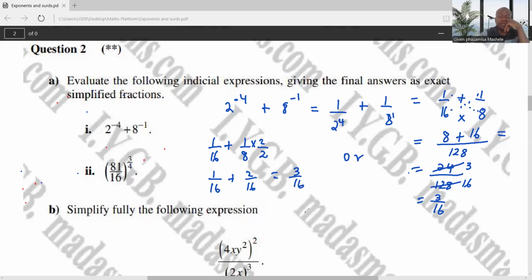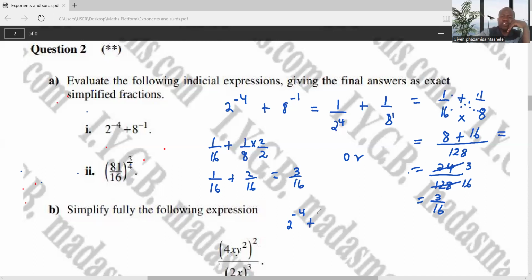This is the answer. Another way would be to start from 2 to the exponent minus 4 plus the other term, but we'll still get the same answer.